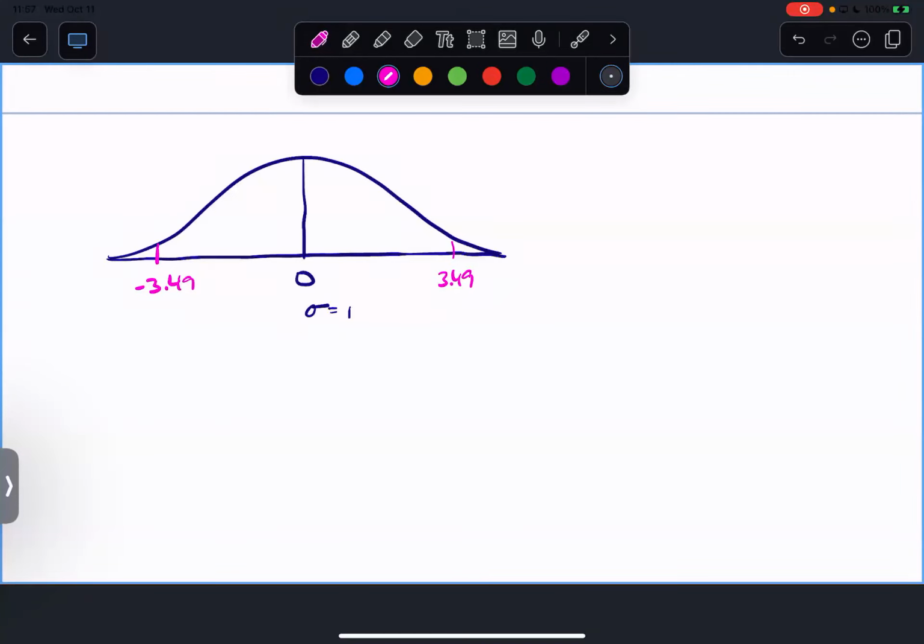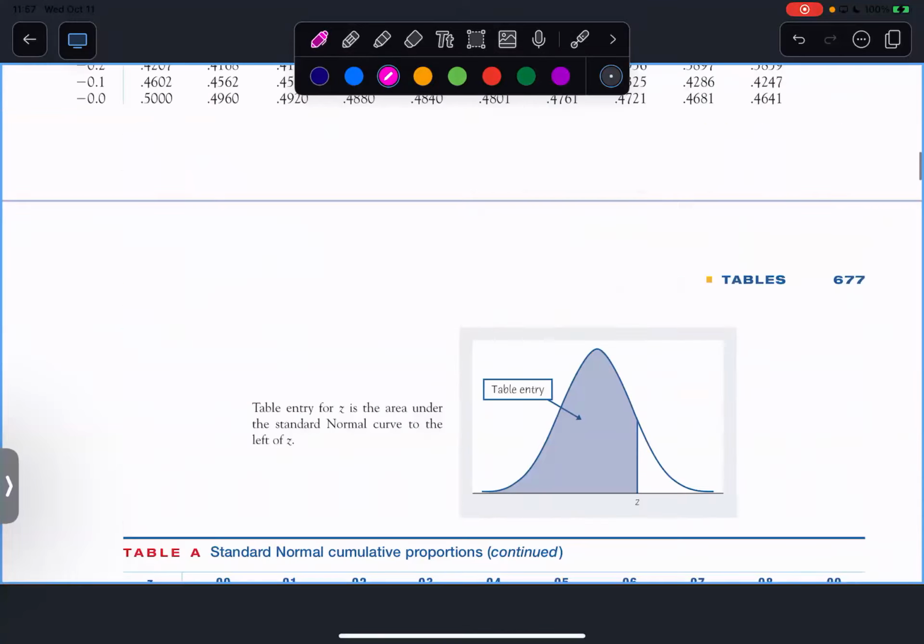Fun fact about Z is that it technically goes from negative infinity to positive infinity, meaning anything can happen, right? But it's just extremely unlikely, as shown by the area in the tails, right? And so here, Z continues in both directions, but at some point they said, well, let's see here.